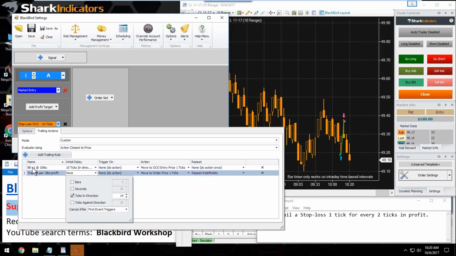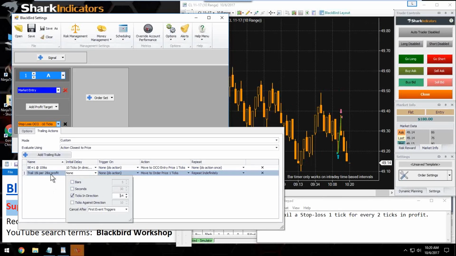And then I'm going to add another 2 ticks, because that's when the trailing actually needs to start happening.